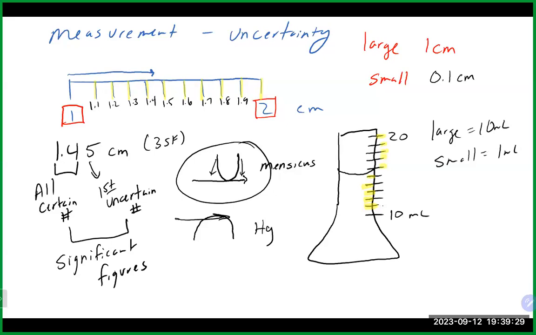And that would be 11, 12, 13, 14, 15, 16, 17. We'll just say my meniscus is somewhere in that ballpark. So if we were going to take a reading at this point, it would definitely be at least 15. And maybe in this case, you feel it's a lot closer to the 15 than the 16 marking. It doesn't always have to be a 5 at the end.